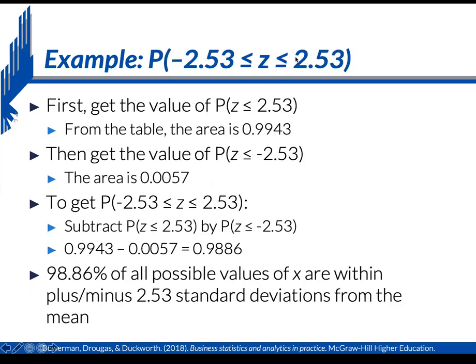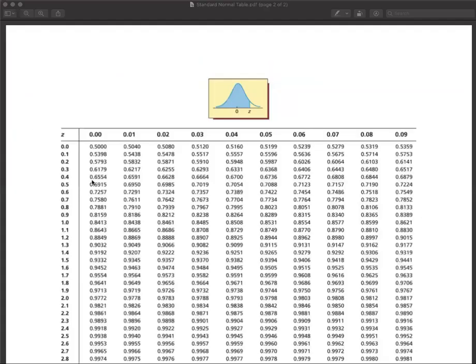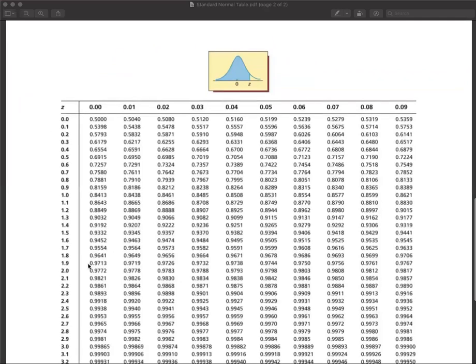Another example is this. Find the probability that the z-score is between negative 2.53 to positive 2.53. Just like what we did earlier, we can first get the area to the left of 2.53 and then subtract the area to the left of negative 2.53 to find the area in between the two z-scores. Using the table, the area to the left of 2.53 is the intersection of 2.5 and 0.03, which is 0.9943.